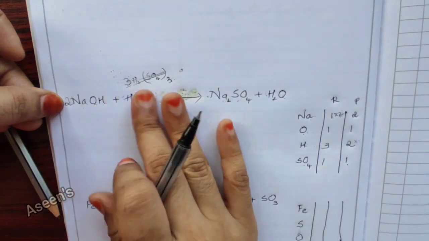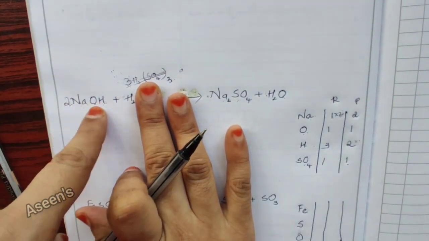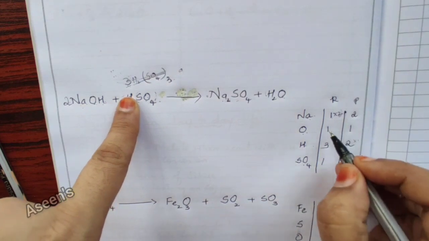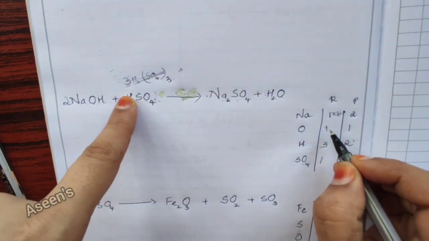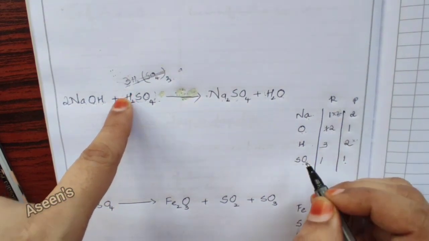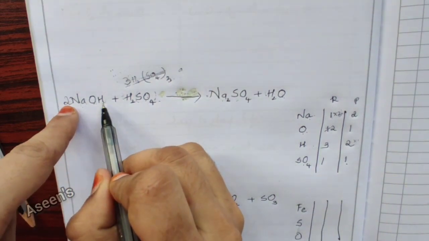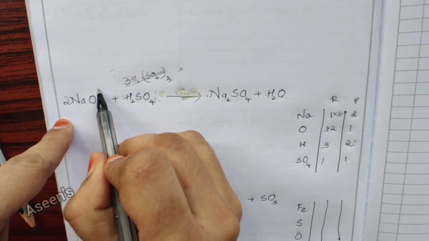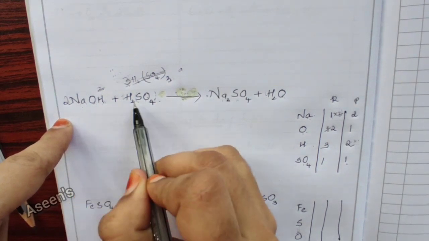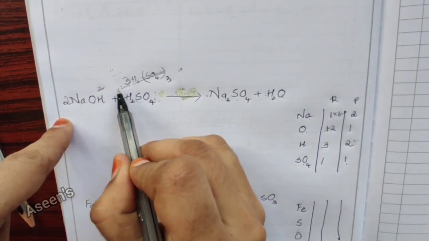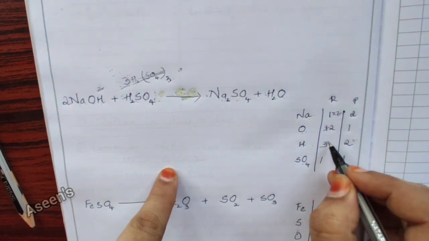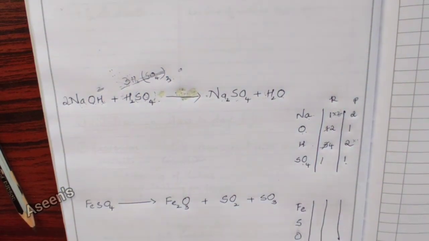So my oxygen, before it was 1, now it is 2 1s are 2. So my oxygen, instead of 1, now it has become 2. Similarly, my hydrogen, before it was 1 over here, now it is 2 1s are 2 plus this 2. So my hydrogen, instead of 3, becomes 4.